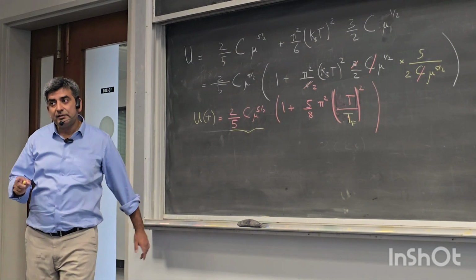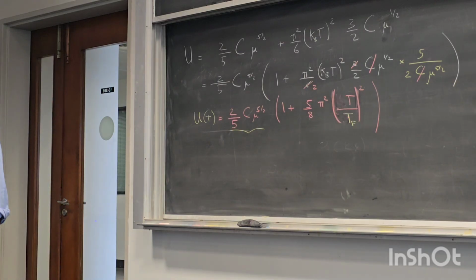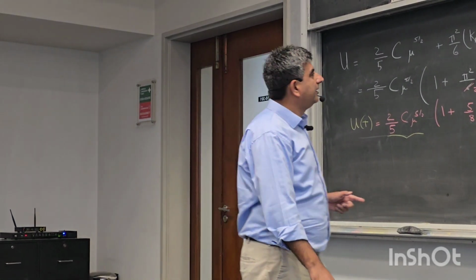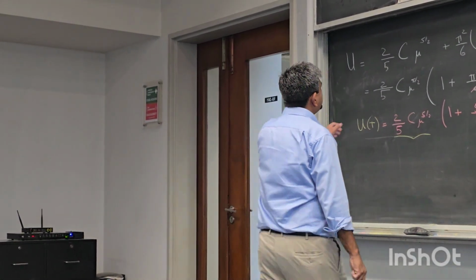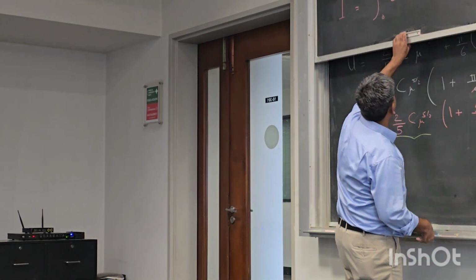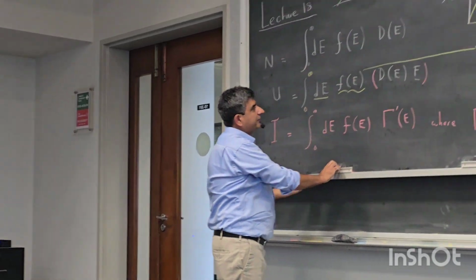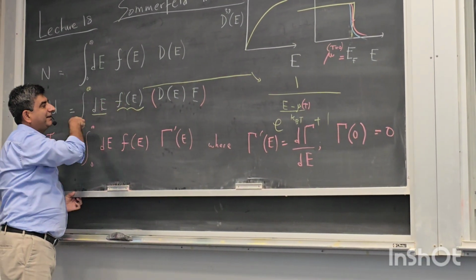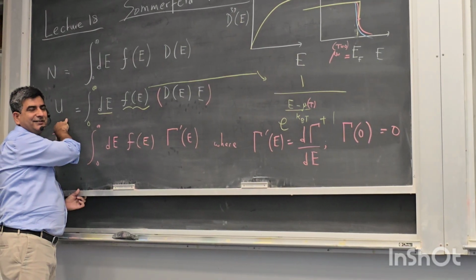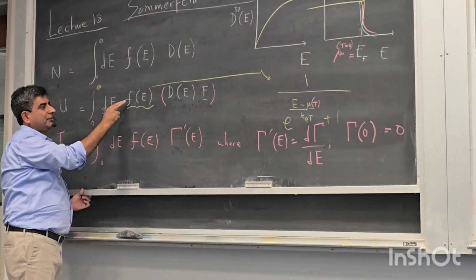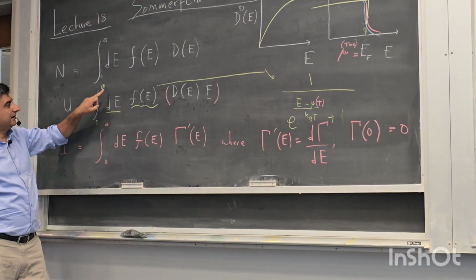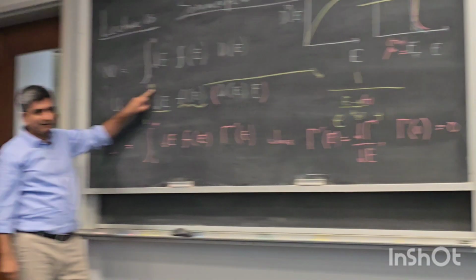The energy? This is the total energy, not the Fermi energy. So if I were to take this equal to 1 and then integrate this, I'll get the total energy. I can take this equal to 1 when this is EF and I'm at 0 kelvin.